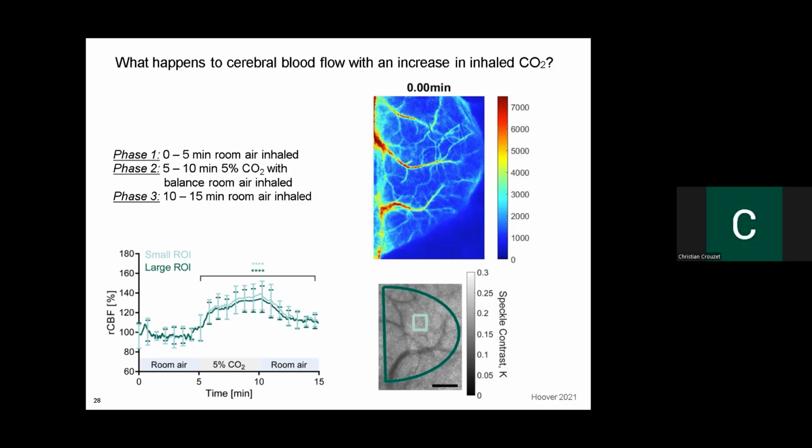That would be one of these time points on this graph on the left. So that would be the large ROI. And then we have the small ROI, which is just focused on the parenchyma. So it's much more capillary based. And the brain is actually very vascularized. So it's really focusing on the capillaries and doing the same sort of thing: all the values within that small ROI, extracting out the flow information and then plotting that as a function of time.